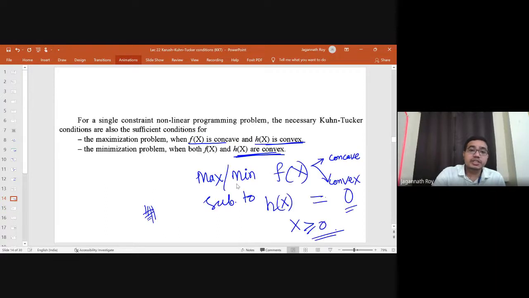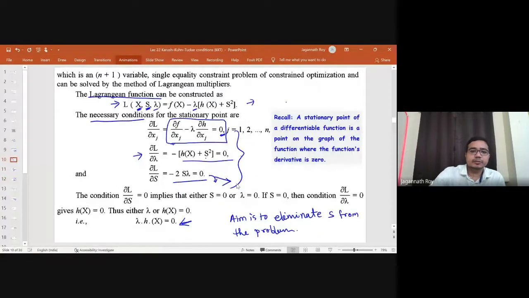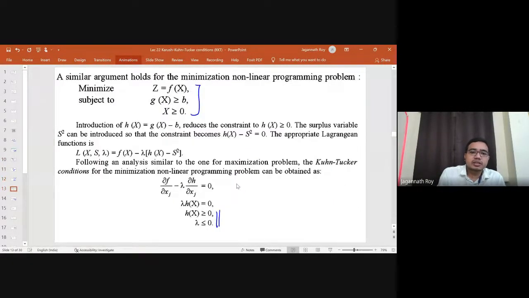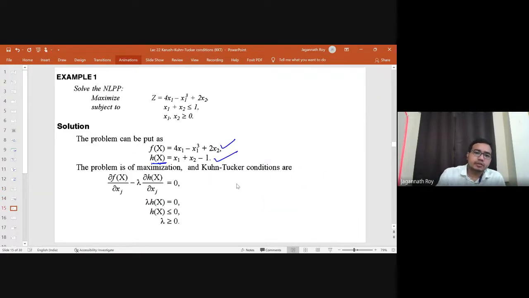Now, one interesting thing is that although we are using the Lagrangian function, we do not have to calculate this Lagrangian. We do not have to calculate the L value. We just have to calculate f and h. So our task is to put it into the actual format of the Kuhn-Tucker conditions.